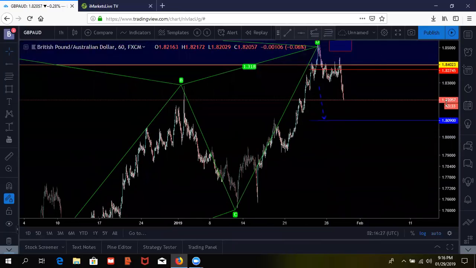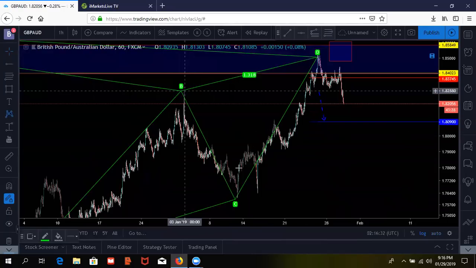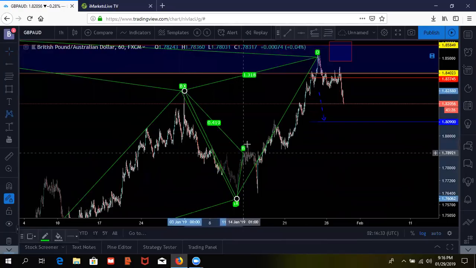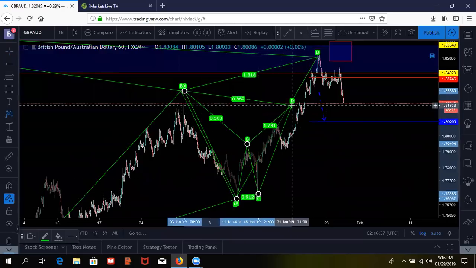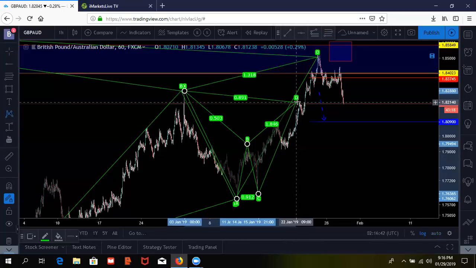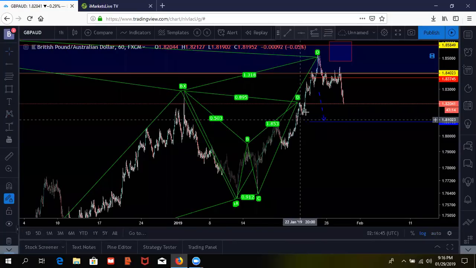So on GbpAud I had this harmonic pattern right here: X to A to B, B to C, and D completed at the 88.6, which is, let's just say, right here.